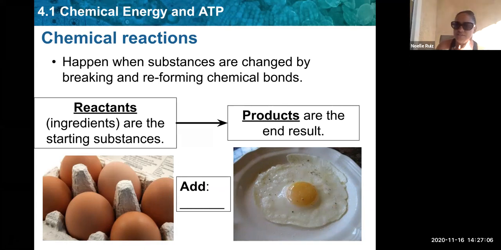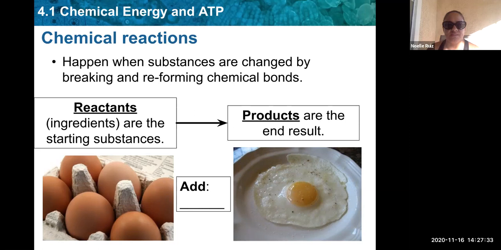And here for eggs, you have to add heat. It's not always heat. Sometimes for photosynthesis, you have to add sunlight. Sometimes you have to add ATP. Sometimes you have to add oxygen. So that add in the middle, there's a lot of different things you could add to change one thing into another. Heat is just the most common.